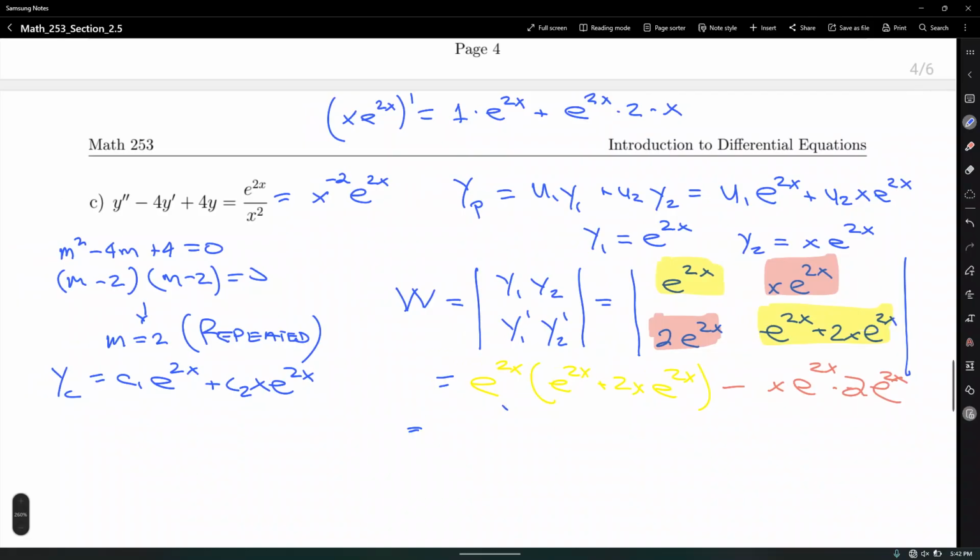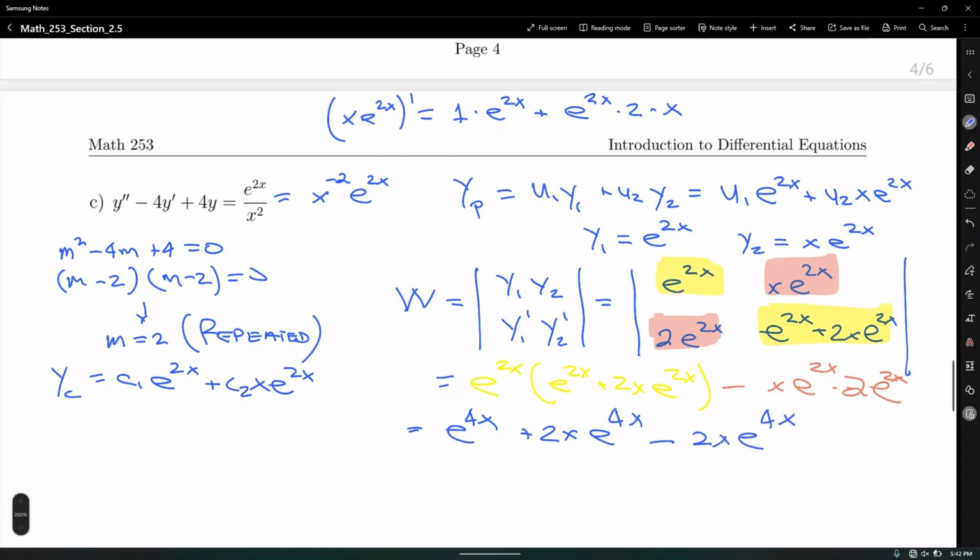So e to the 2x times itself, you guys agree this is e to the 4x? And e to the 2x times 2x e to the 2x, so that's simply plus 2x e to the 4x. And then minus also 2x e to the 4x.